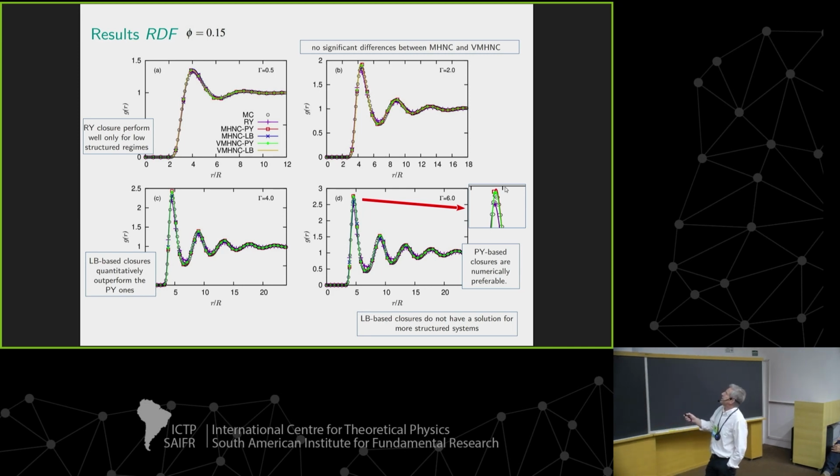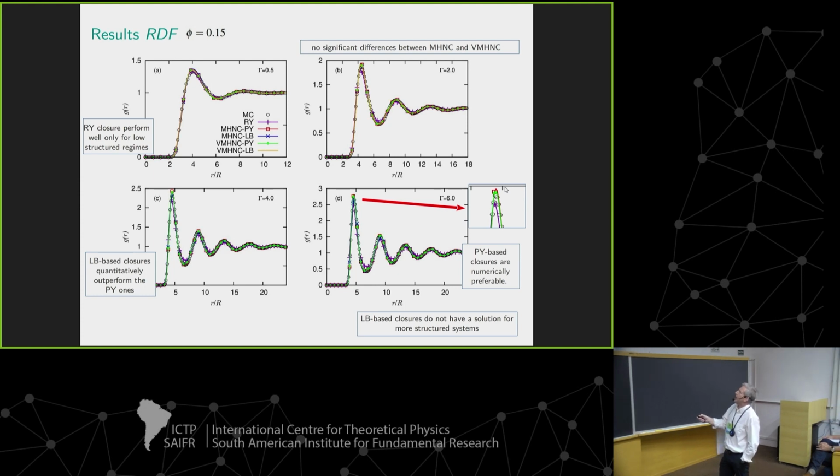What we obtain here is just for one area fraction, which is 15%, incrementing the coupling parameter from 0.5 to 0.6, and what is more important, from low structure to high structure.